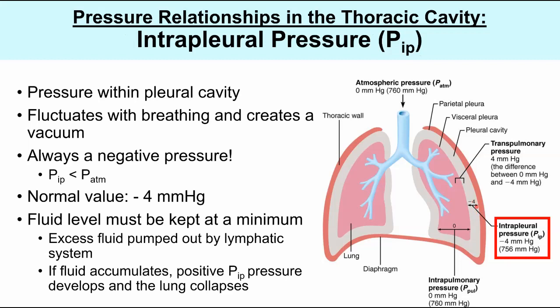So if atmospheric pressure is 760, 4 below 760 is 756. We say that the normal value of our intrapleural pressure is typically -4, or typically 4 below whatever the atmospheric pressure is.